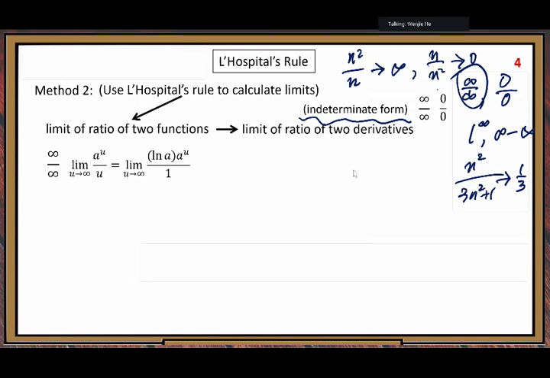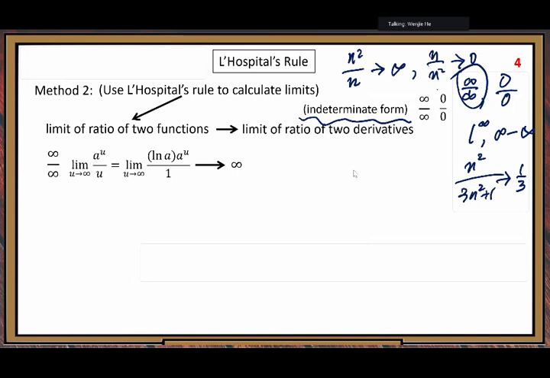We have a formula: the natural log of a, a constant, times the original exponential function. The derivative of u is 1. Now you take the ratio: the constant is 1, but this exponential function still goes to infinity. So a constant times infinity, your answer is infinity. Then the original ratio goes to infinity.